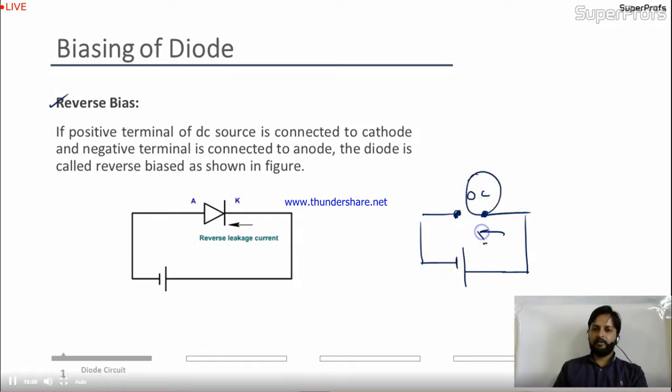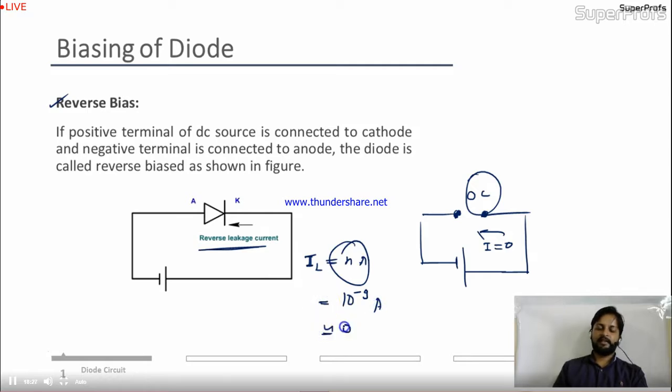In an open circuit the current will be zero, but practically in the diode we have leakage current, IL. This is in nanoampere for silicon, so a nanoampere is 10 to the power minus 9 ampere. This is nearly negligible current. I hope the reverse biasing is clear to you people.